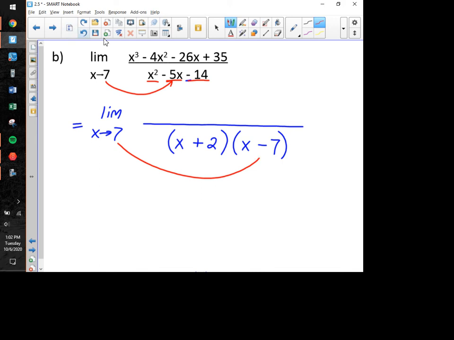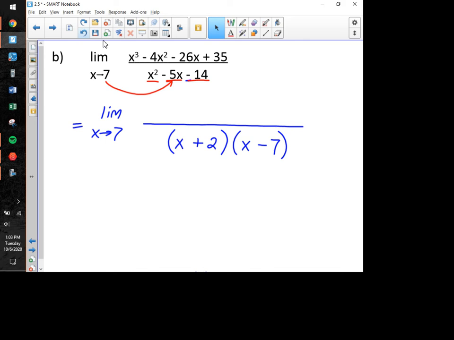But what everybody needs to realize is, and I want you guys to think like a math teacher for just a second, okay? There would be absolutely no point to giving you guys a problem like this if one of those factors in the denominator wasn't also a factor of the numerator. And furthermore, I don't want to make an assumption, although that's clearly what I'm doing, but I am going to verify that assumption.